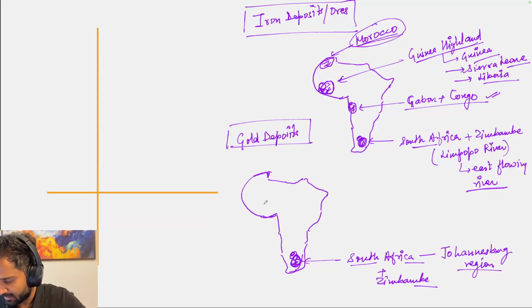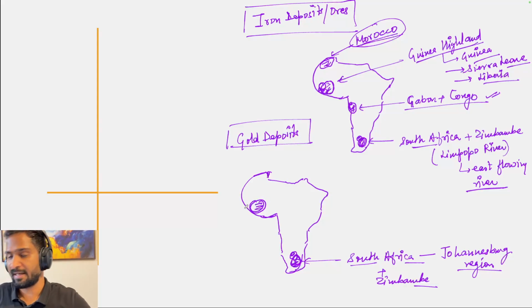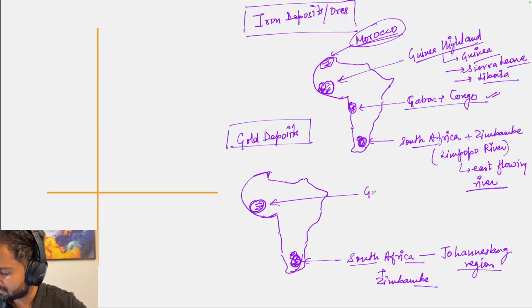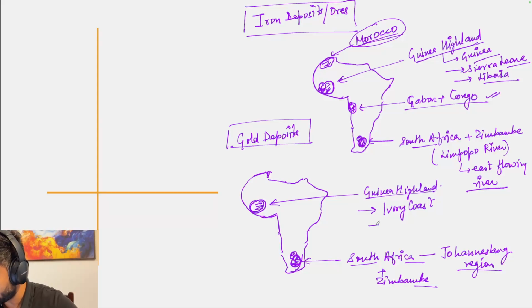Then other than this, the Guinea Highland region comprising countries such as Ivory Coast, then another country is Ghana over here.